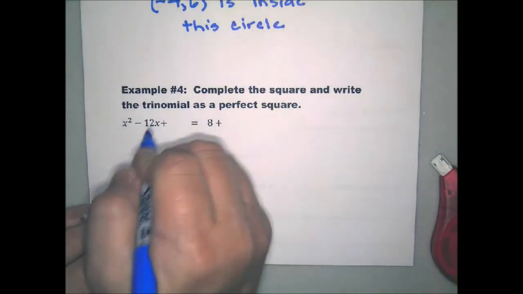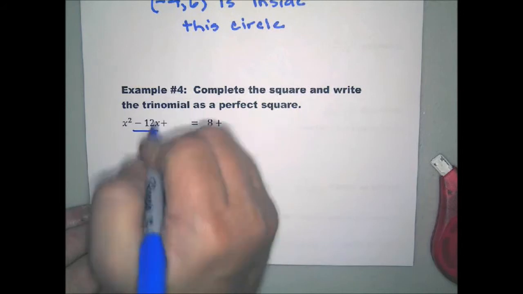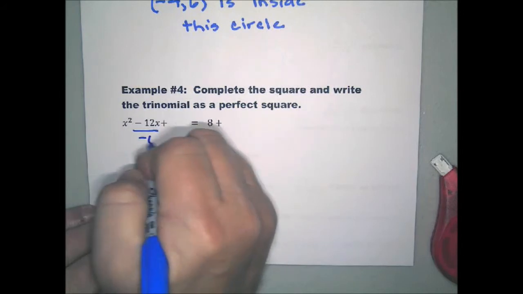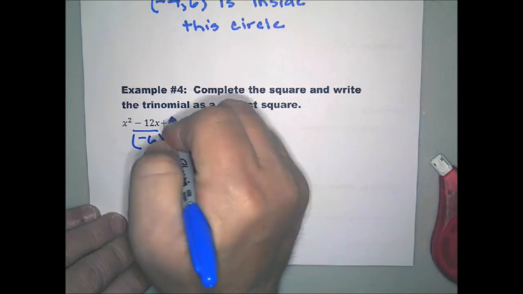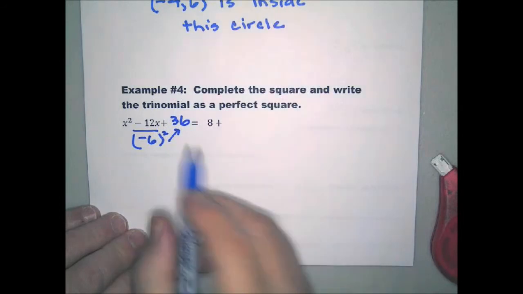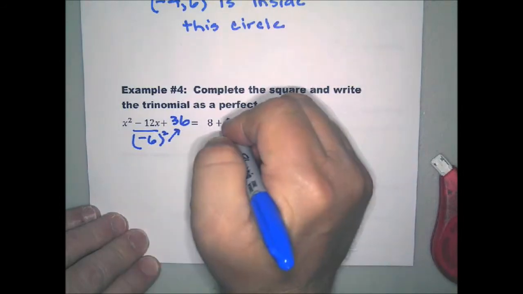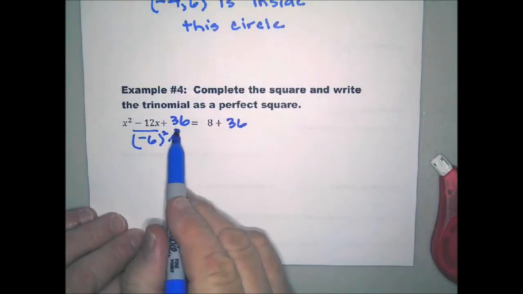But the way you do it is you divide this number by 2, so -12 divided by 2, -6, but then you square that number to put it right there. And what you do to one side, you have to do to the other.